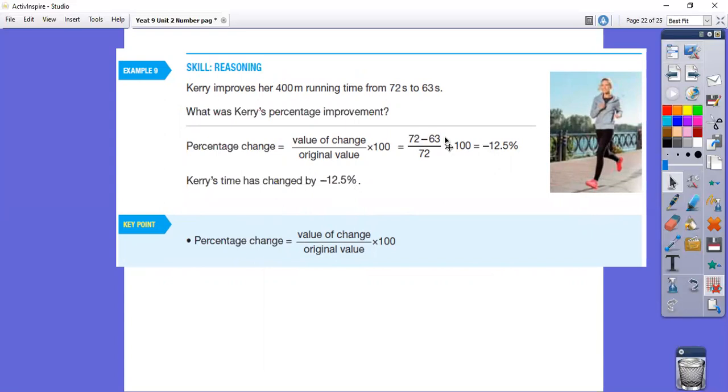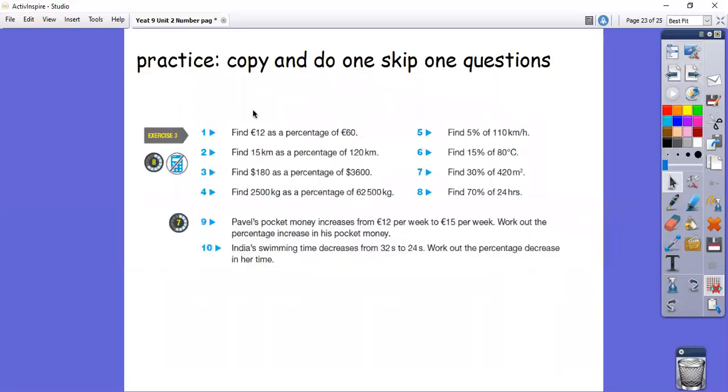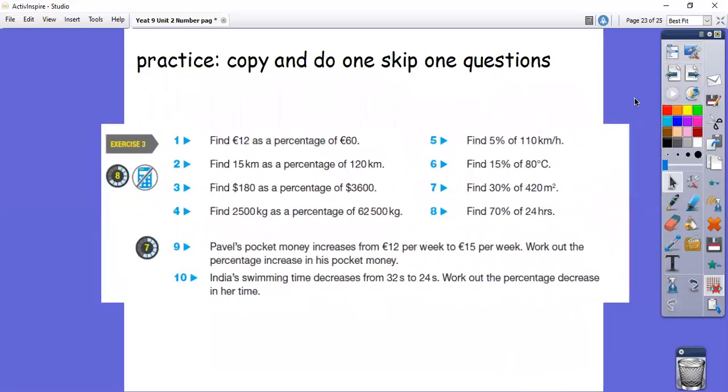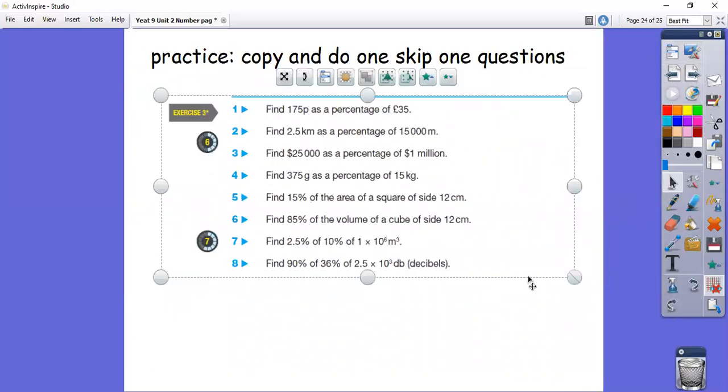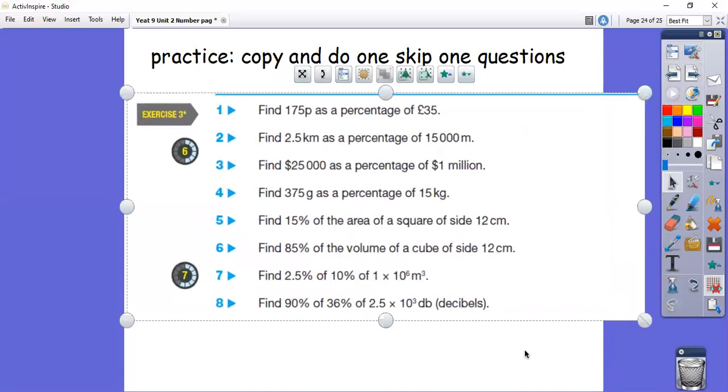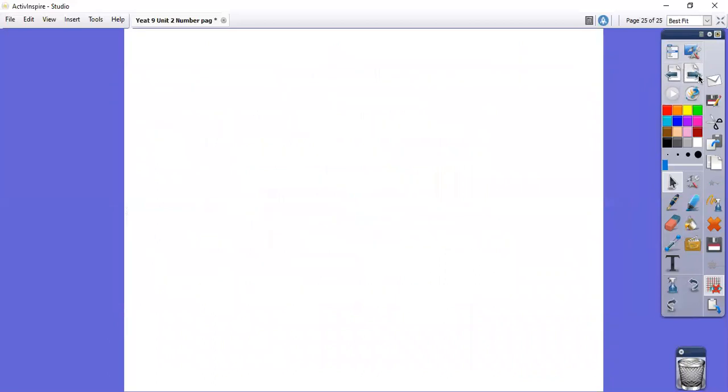Remember, percentage change is the new number minus the original, then divided by the original to work out its percentage change. Then you've got these questions to do. Again, you don't have to do all of them. These are just practice questions.